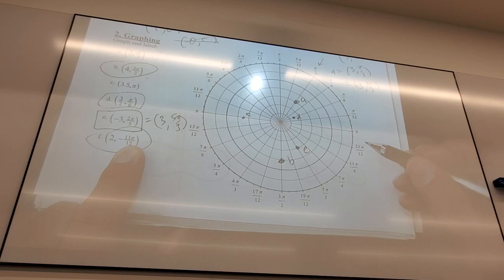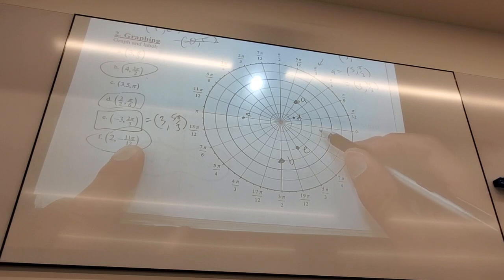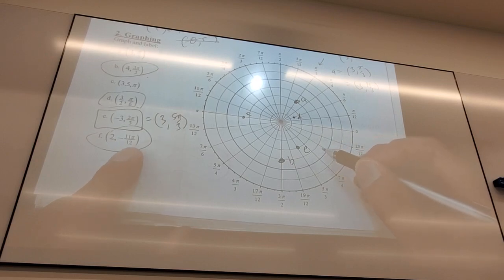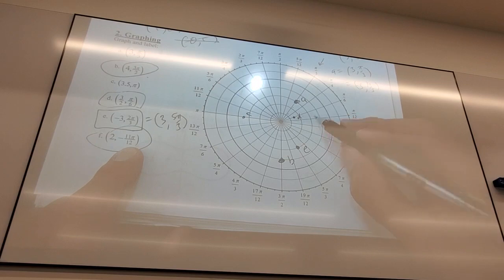Where is that? Which quadrant would it be? Quadrant 2. Quadrant 4. Well, it's currently in quadrant 2 with the negative. So I've got to end up being in quadrant 3. I've got to go back 11 pi over 12, correct?